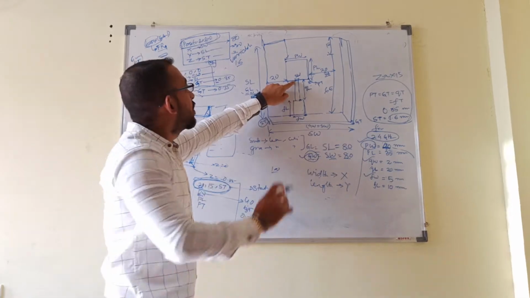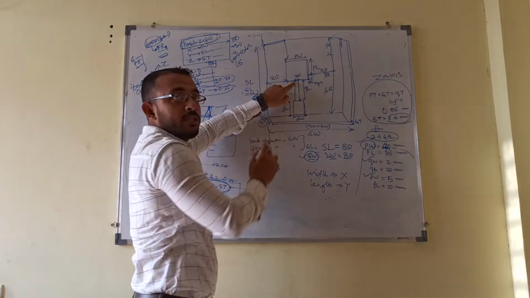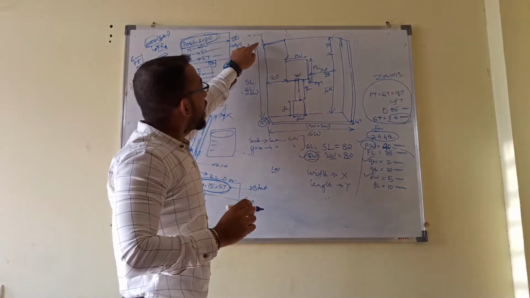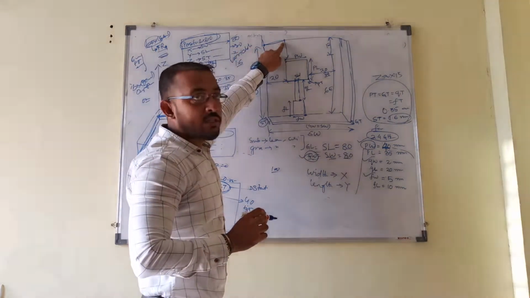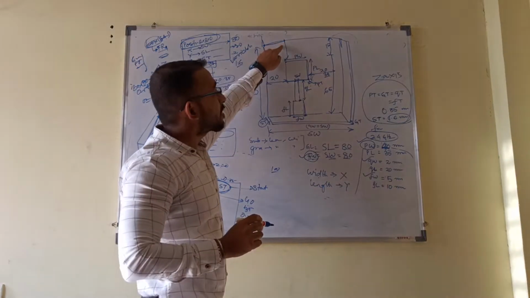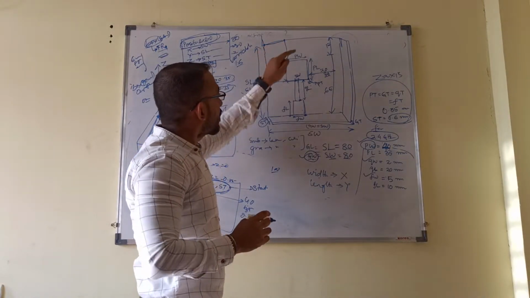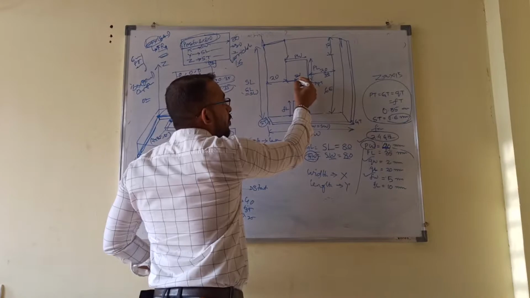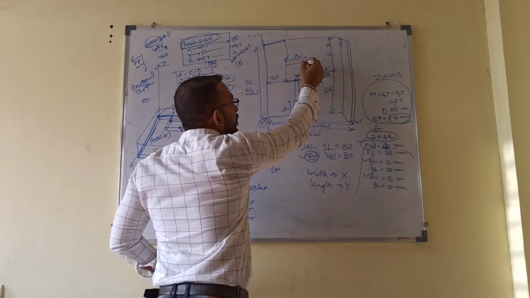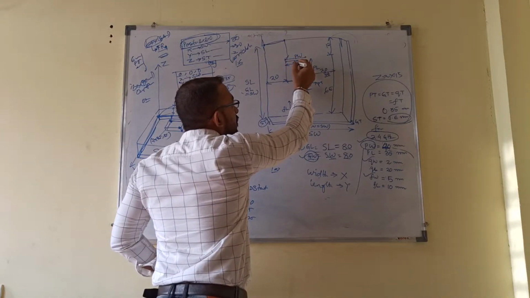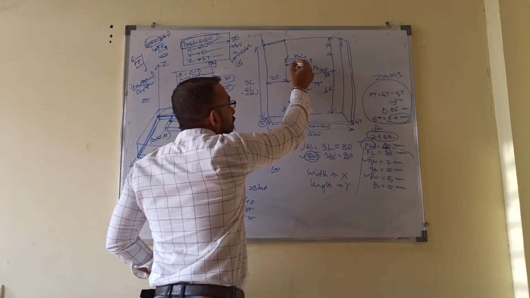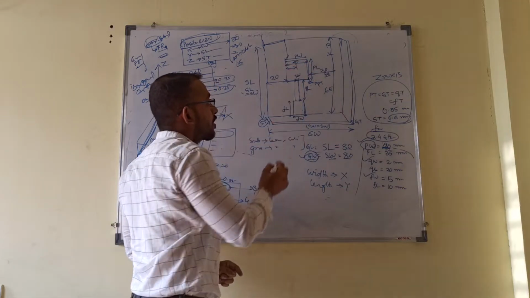Now tell me, to reach this position, how should I move? This is my origin. From the origin I have to move 20 mm in the x axis. Then from 20 mm I have to move a distance up to this. If this is my 40, the center value will be 20.